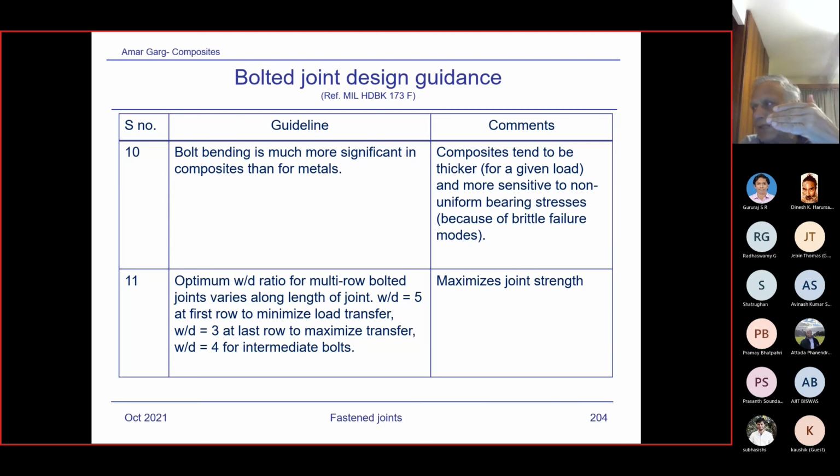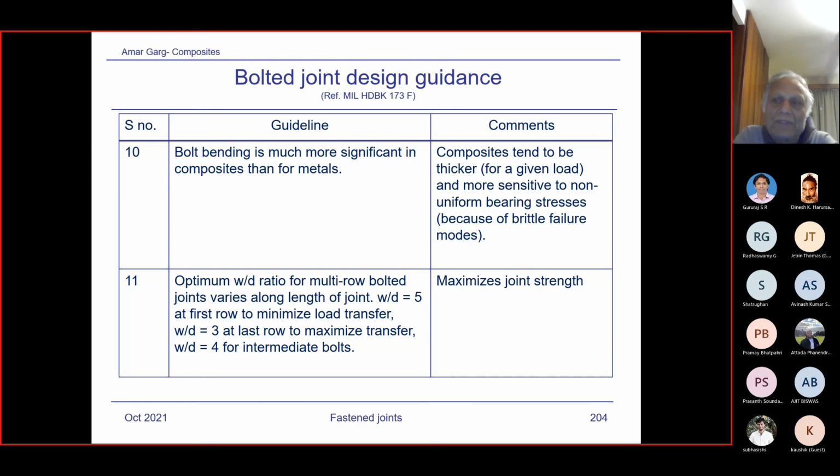Whereas for a laminate, after you have applied the knockdown factors for environment and countersink, you may barely achieve more than about 7 into 7, around 500 megapascals. So there's a big difference in bearing stress allowable for aluminum compared to composite.